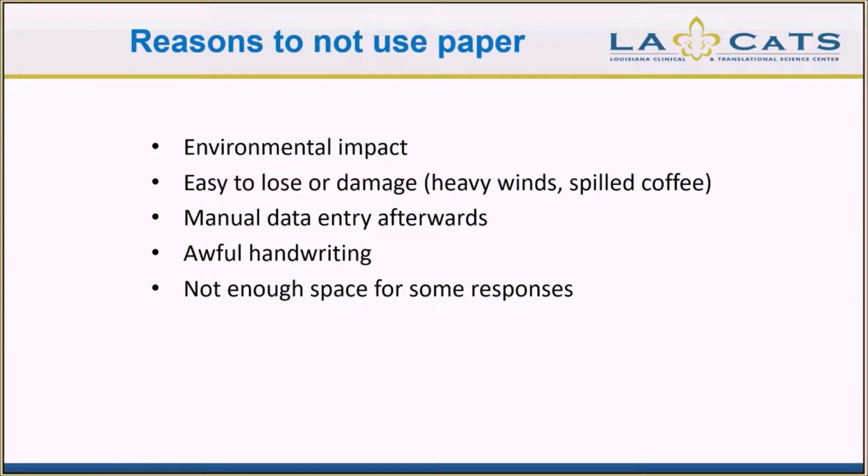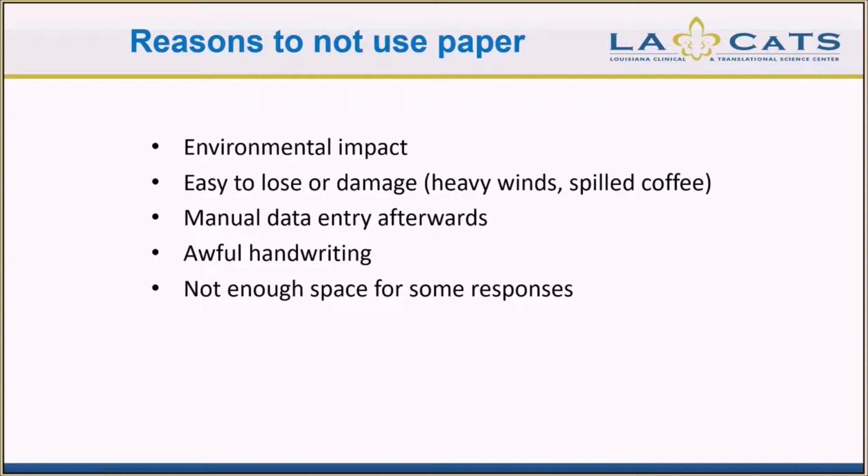All right. And so one of the reasons to not use a paper survey, well, many reasons actually, but the first one for me is the environmental impact. I just don't like using paper any longer. None of us should. It's easy to lose the forms or damage them. Who hasn't spilled coffee accidentally on their pile of papers on their desks?